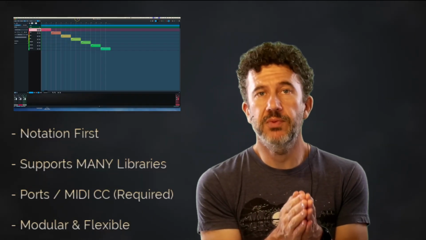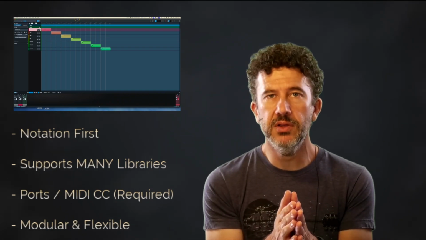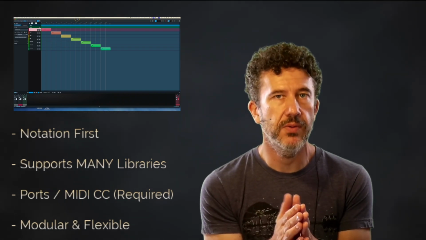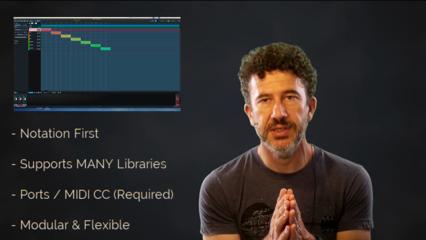Maybe even one expression map that works with all libraries. It would probably be a little bit convoluted and may not actually be the best way to go. Depends on how complicated your libraries are and how many libraries you're using.